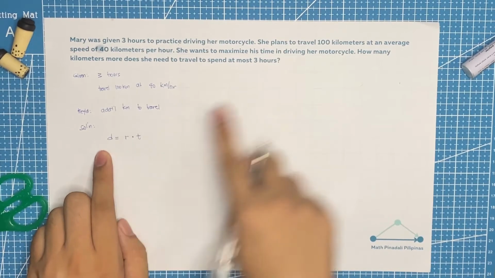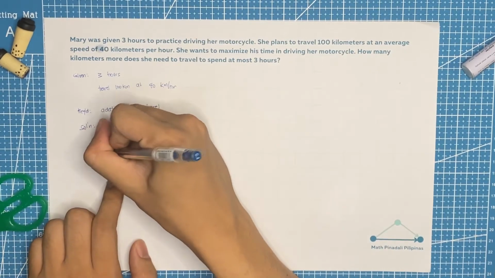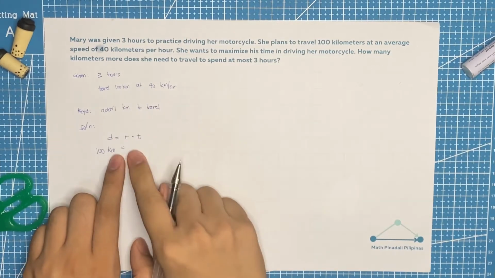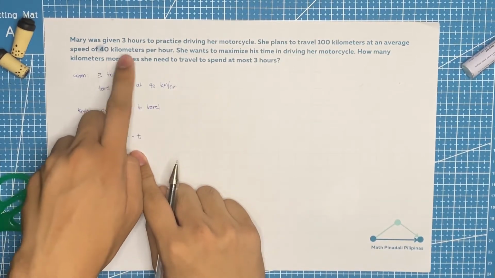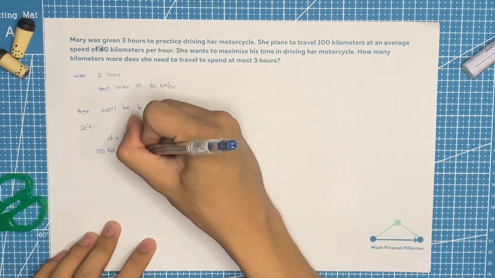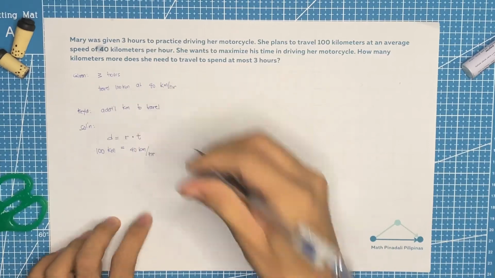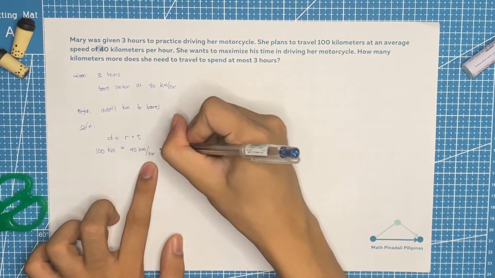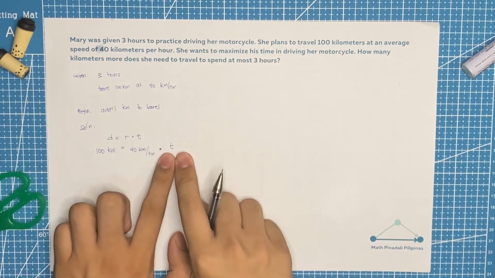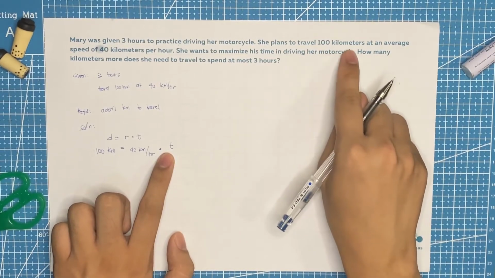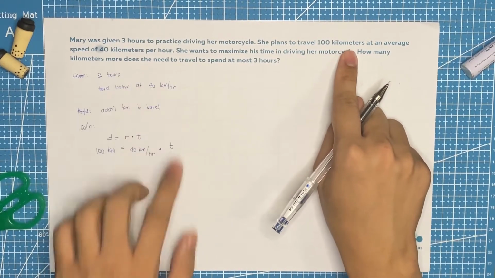Now, do we know the distance? Yes, meron tayong 100 kilometers. Equals, alam ba natin yung speed? Yes, that's 40 kilometers per hour, times time. Hindi natin alam kung ilan yung time na magugugol niya in traveling 100 kilometers at a speed of 40 kilometers per hour.